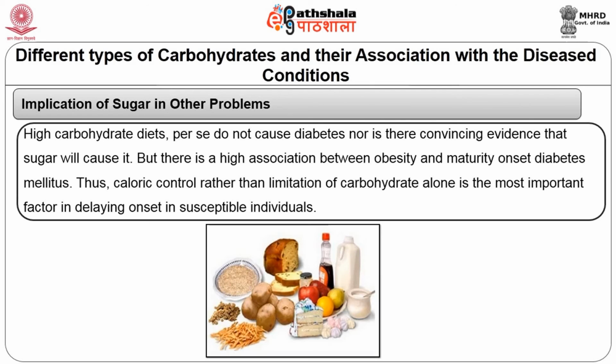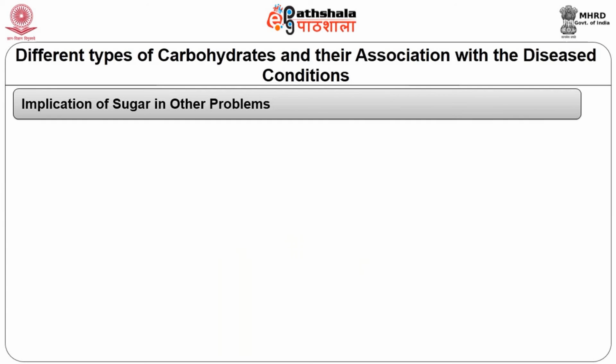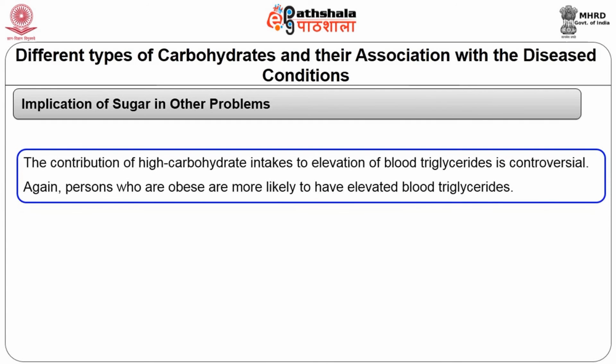Thus, calorie control rather than limitation of carbohydrate alone is the most important factor in delaying the onset in susceptible individuals. The contribution of high carbohydrate intake to elevation of blood triglyceride is controversial. Again, persons who are obese are more likely to have elevated blood triglyceride.